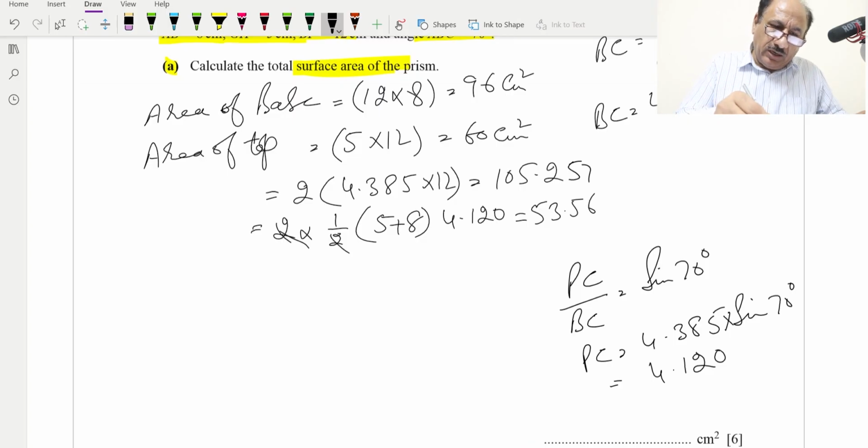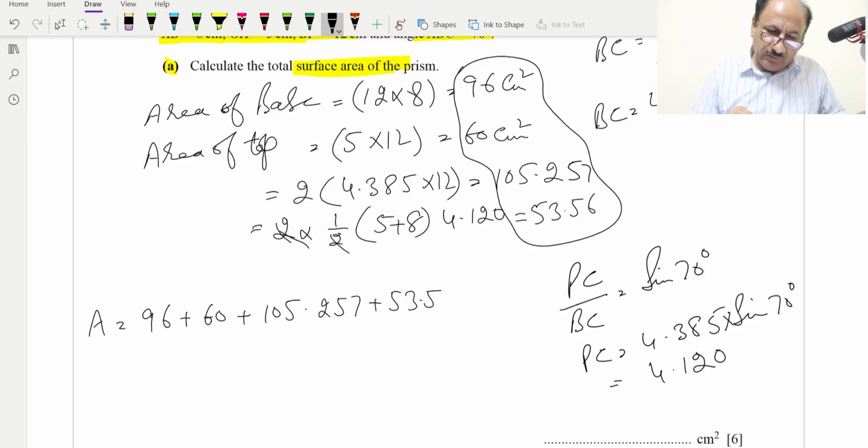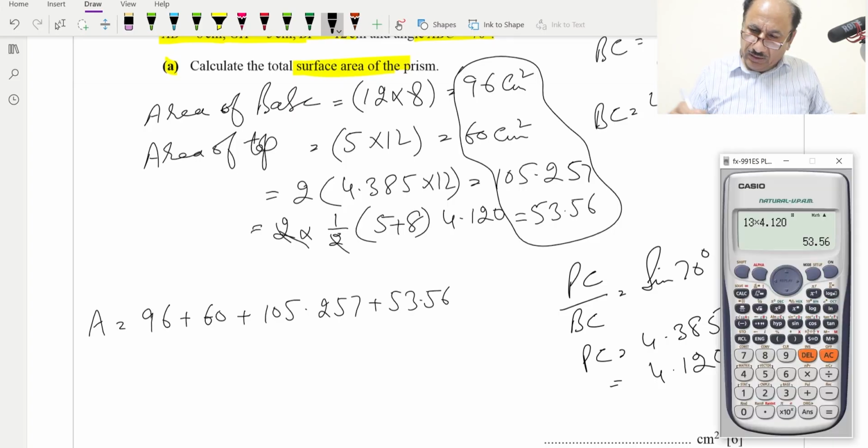Now we have to add these four values, and we will write here area will be equal to 96 plus 60 plus 105.257 plus 53.56, and we can just add this.